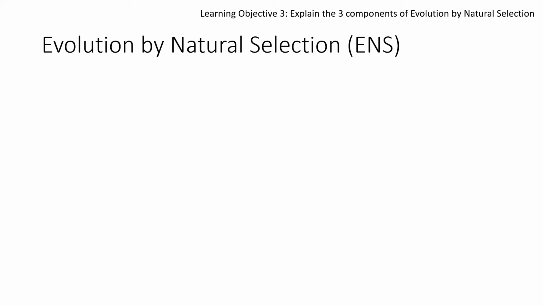So let's talk about evolution by natural selection now. So evolution by natural selection, you have variability that exists, variance. That is that variability that Darwin found. I talked on the previous slide about variability between different species, but even within individuals there's variability. 2 different individuals, unless they're identical twins, are not going to be identical.